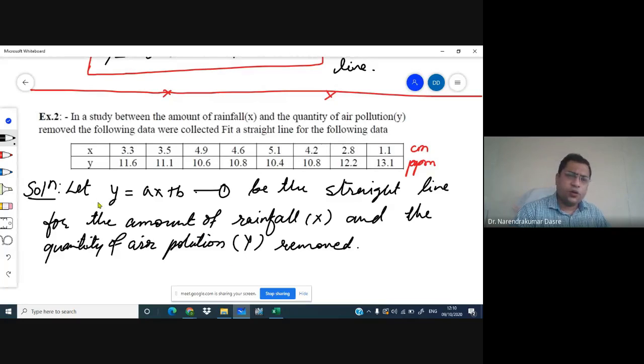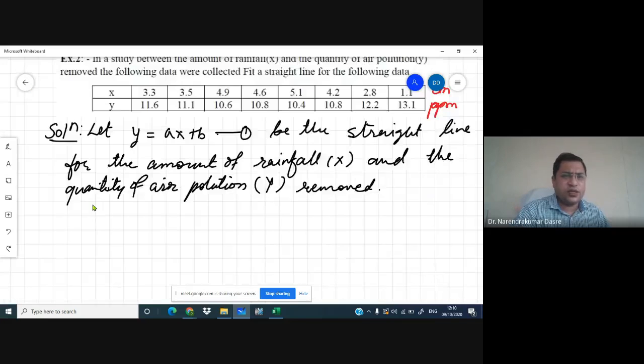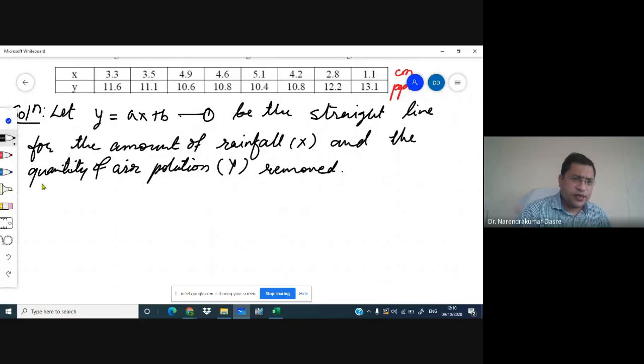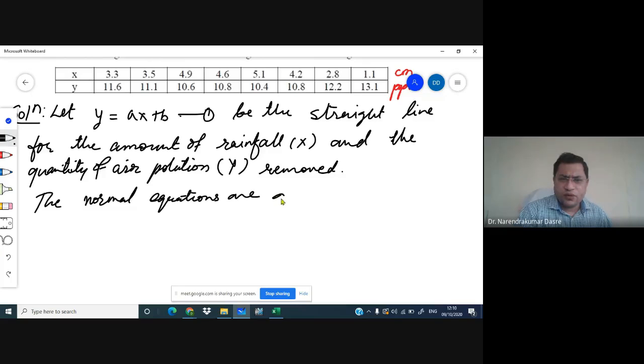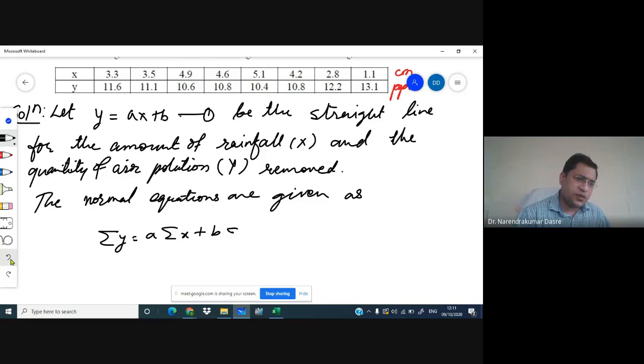Once we have decided this is going to be a line, we are able to write the normal equations. So the normal equations are given as: summation y equals a summation x plus b summation 1, that means n b.